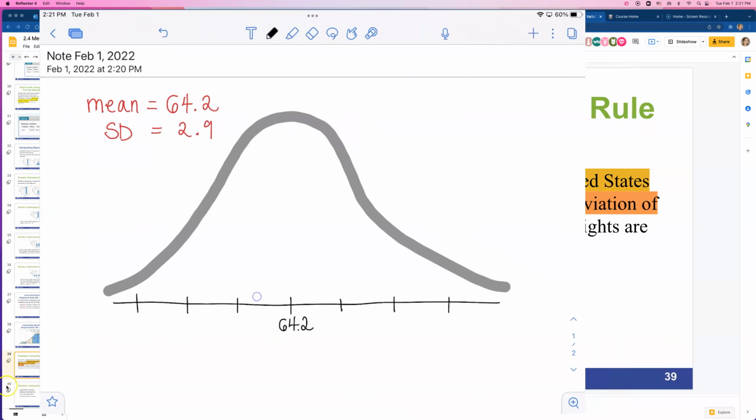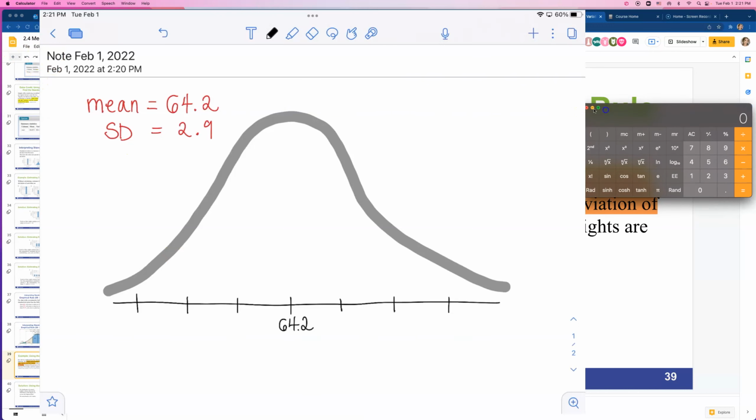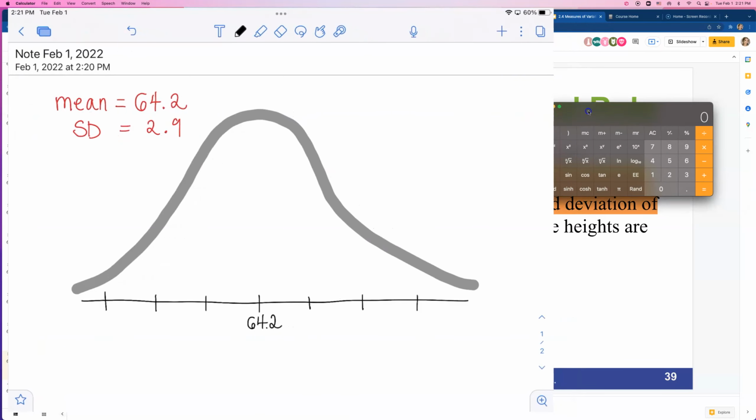In order for me to do that, I will need to add or subtract that standard deviation. So look at me, I opened up a calculator. Notice the mean is 64.2. I will add the standard deviation, 2.9 plus 2.9 equals 67.1.